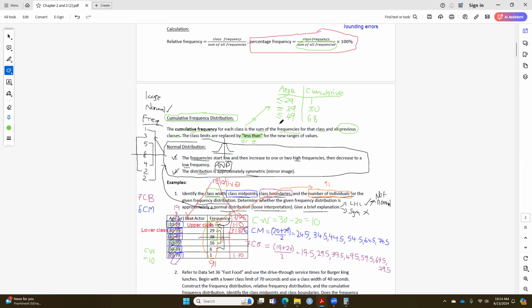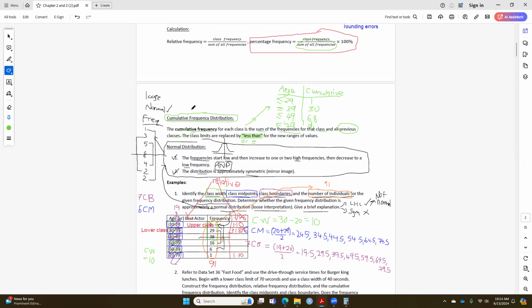Again, I don't have time to do it. And we can tell that at the very last class, which is 79, the sixth class in this case, the total should be 91, because we know the sum of all is 91. So this is what we call a cumulative frequency distribution.